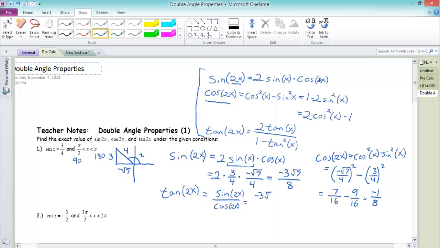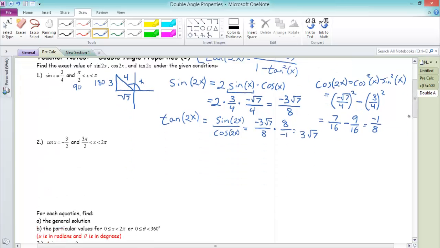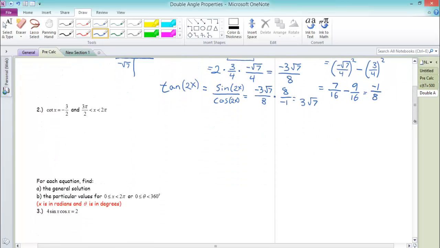I take the reciprocal, that's called, and I multiply. So I multiply by the reciprocal of the denominator, and I end up getting 3 root 7. That would be the sine of 2x, the cosine of 2x, and the tangent of 2x, given what the sine of normal x is. So why don't we move down to number 2?